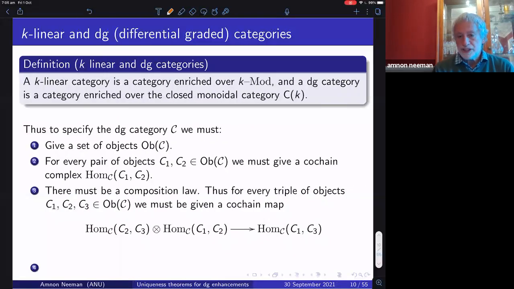And there has to be a composition law. So given the cochain complex Hom C1, C2, and the cochain complex Hom C2, C3, composition is a map from the tensor product of cochain complexes to the cochain complex Hom C1, C3, meaning a cochain map.